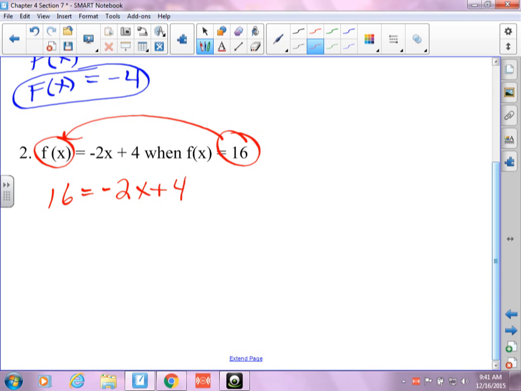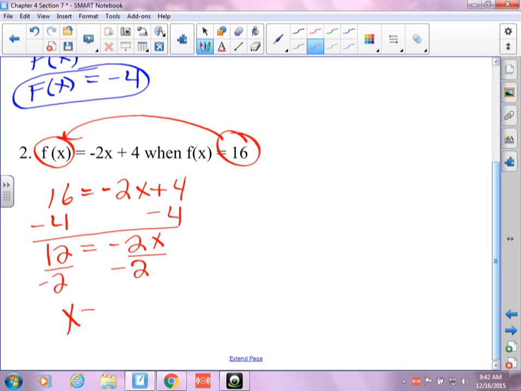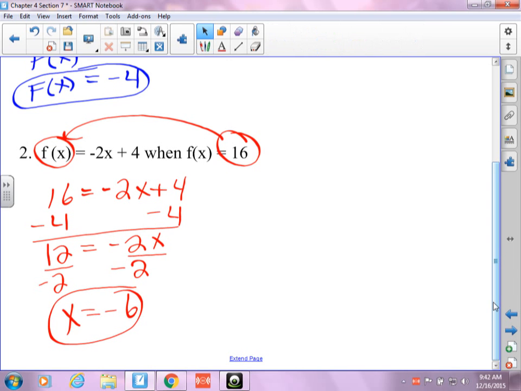How do I solve for x? Subtract 4. I get 12 equals negative 2x, and then I divide by negative 2. So x equals negative 6. That's it. That's all it is.